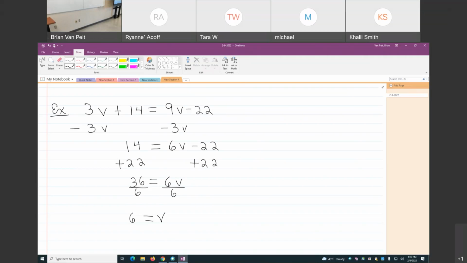So whatever's attached to it, you just want to undo it. So if we had 6b, 6 times b, right? Which is the opposite of multiplication.